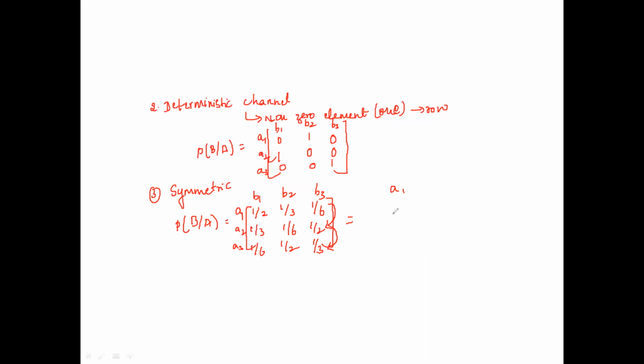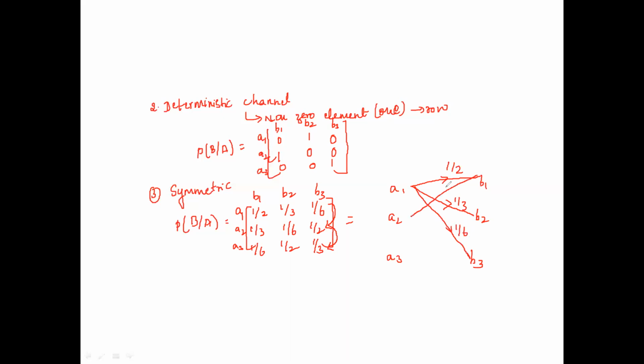How do we write the channel diagram or noise diagram for this? A1, A2, A3, B1, B2, B3. A1 to B1 probability is 1 by 2, A1 to B2 is 1 by 3, A1 to B3 is 1 by 6.